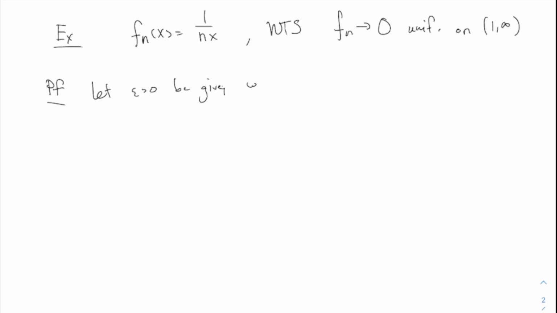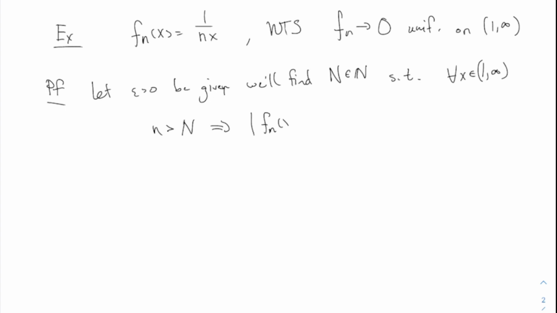And then we'll find big N such that, first of all, for all x in 1 to infinity, n greater than big N implies absolute value of fn of x minus f of x is less than epsilon. Sorry, it's not delta, it's the big N. This is a sequence.